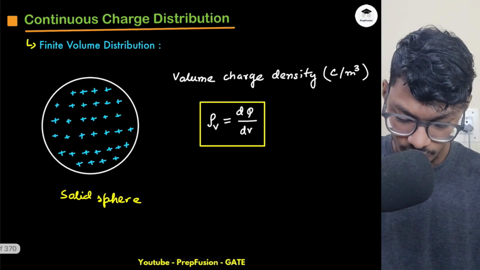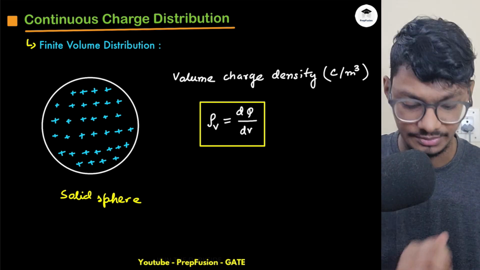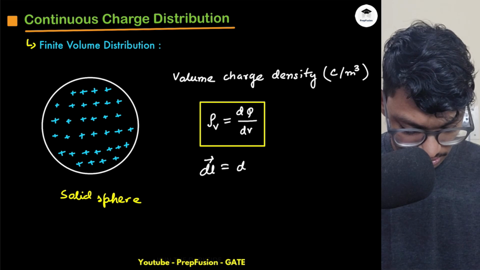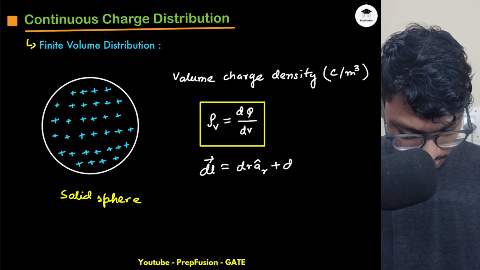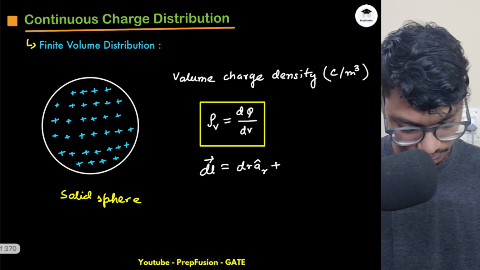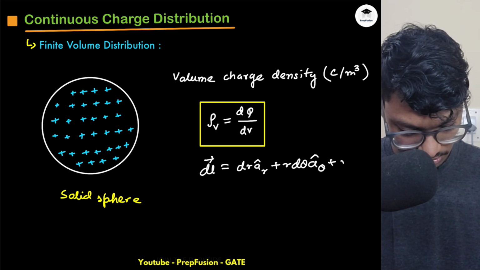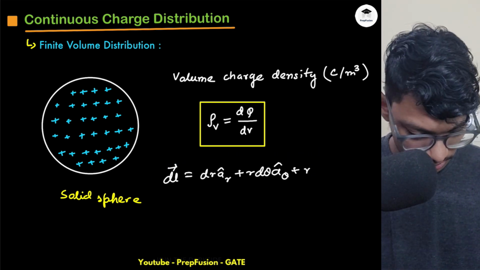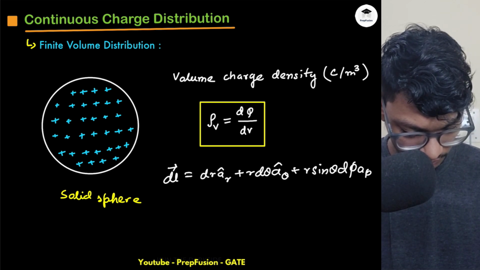Now for spherical, what you do? For spherical, you will assume spherical symmetry. So for spherical, again I know what is my dl cap. dl cap is dr a_r cap plus r d theta a_theta cap plus r sin theta d phi a_phi cap.